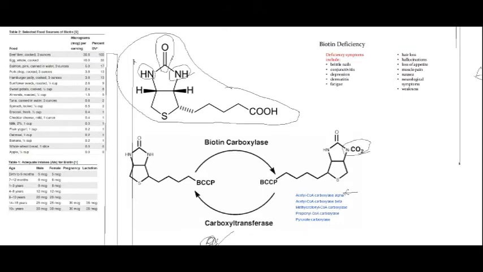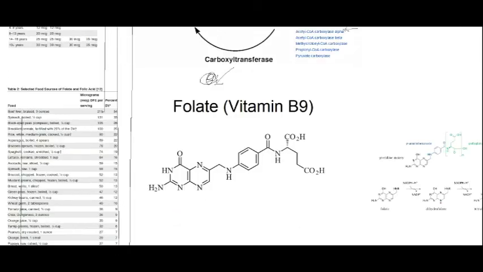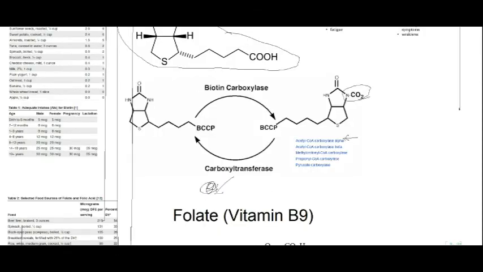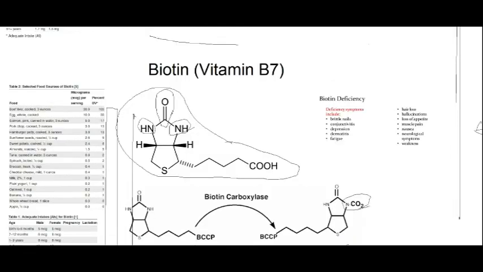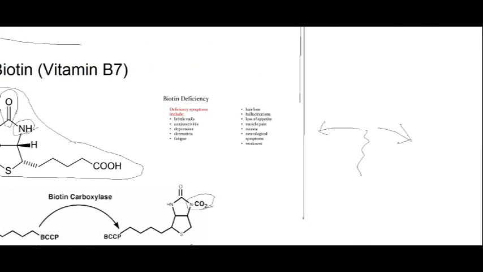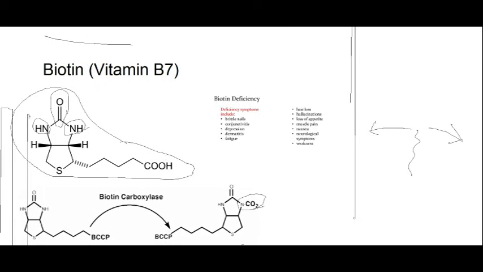All right, so anyway, I was talking about biotin, and so the acetyl-CoA carboxylase and the methylcrotonyl-CoA carboxylase. As I was saying, adding this carboxyl group onto things is a large function for biotin.